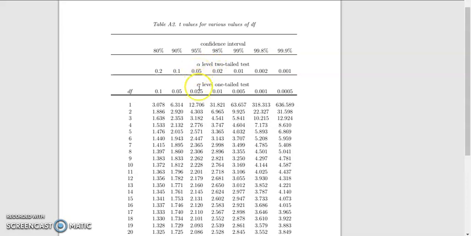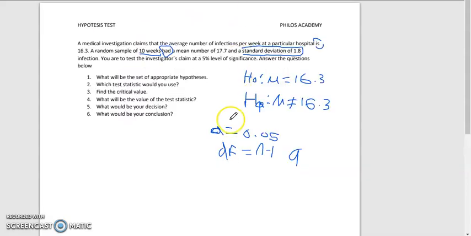Then you trace it down to the degree of freedom of 9. See, this is a degree of freedom, df. 9 is here. 0.05 to the degree of freedom of 9. What do you get? You get 2.262. Okay, that is your t. But because it is a two-tailed test, you don't just write t is equal to 2.262.